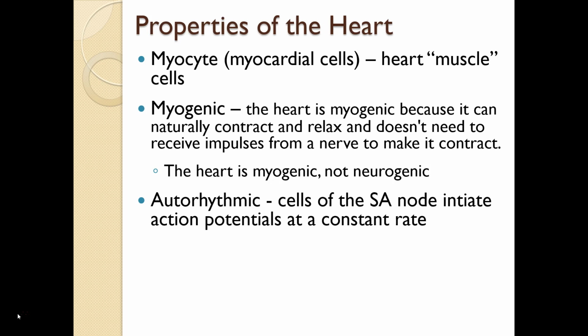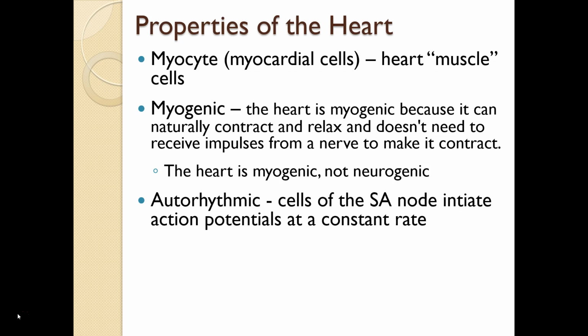So a signal has to come from the CNS and be sent out to that muscle. Otherwise, that muscle just stays relaxed. The example of that is if a person has an accident that damages their spinal cord, they're paralyzed because there's no signal from the brain getting out to those muscles. The heart muscle cells are different.